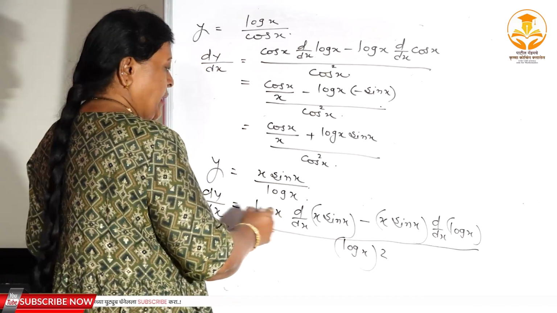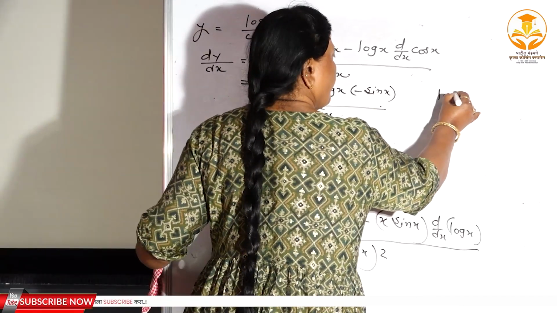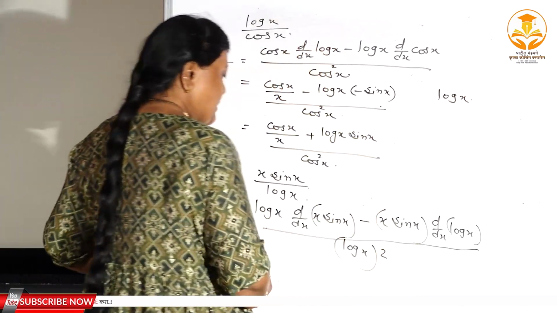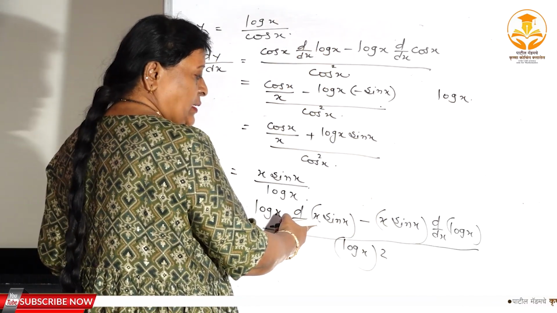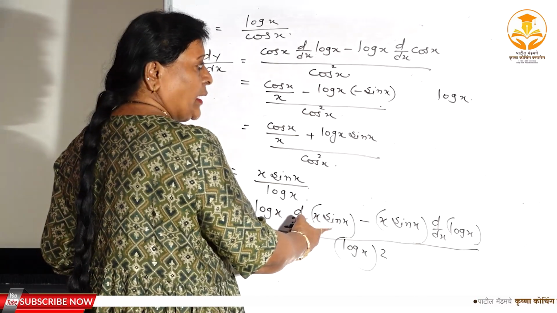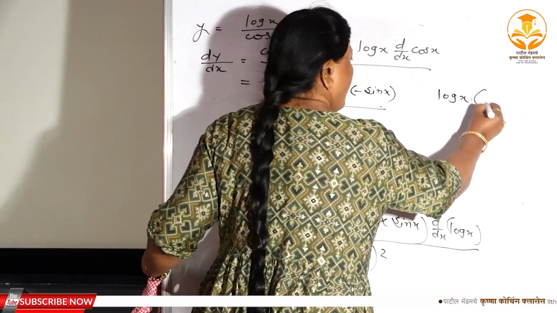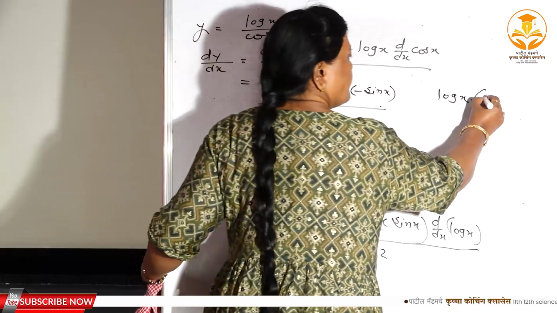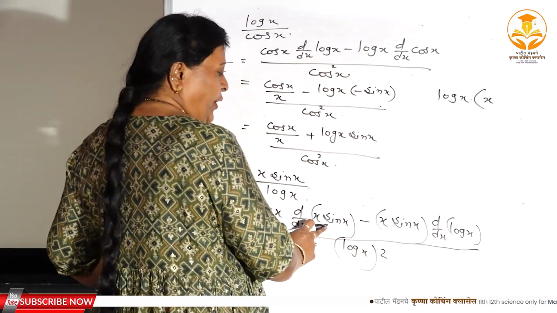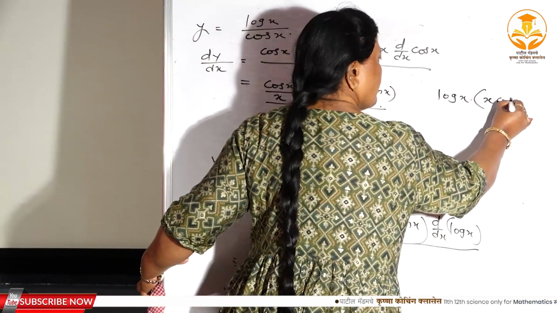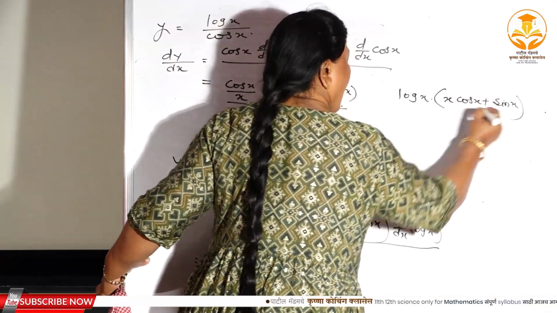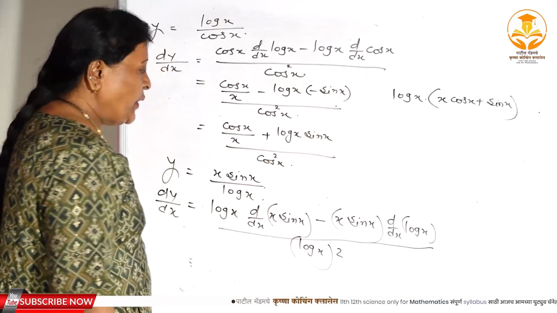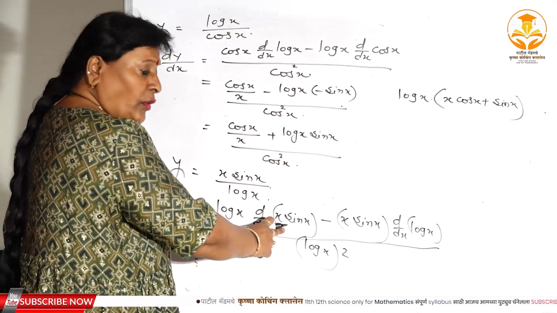Right? Now see, log x as it is. Here you have to apply the multiplication rule because there is x into sin x. Right? See, x remains as it is. The derivative of sin x is cos x, plus sin x remains as it is, and the derivative of x is equal to 1. Right? So don't forget this.